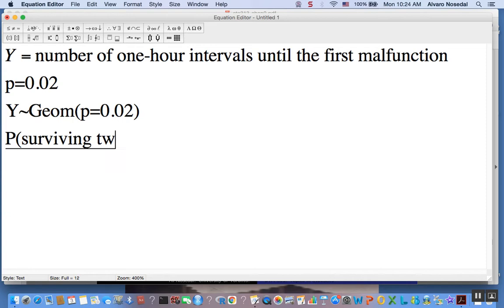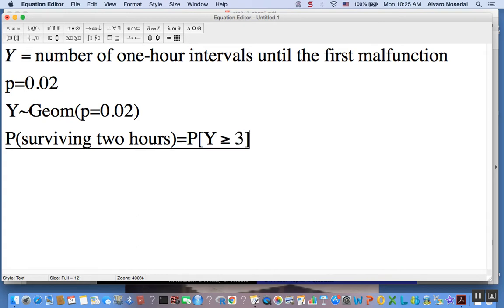The probability that we want is the probability that the engine survives 2 hours. Using y as the number of 1 hour periods until the first malfunction, surviving 2 hours is equivalent to the probability that y is greater or equal to 3.